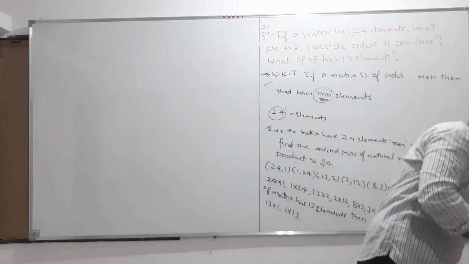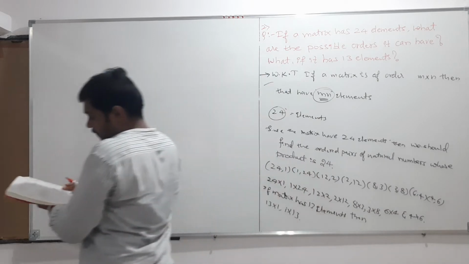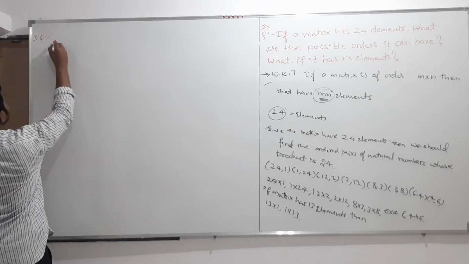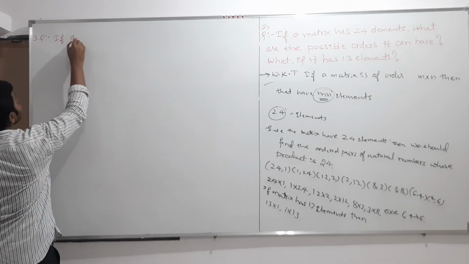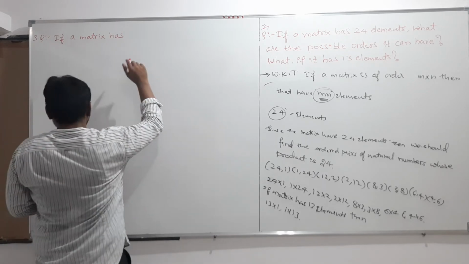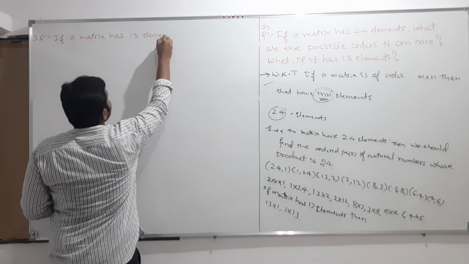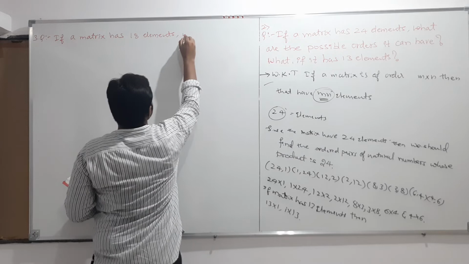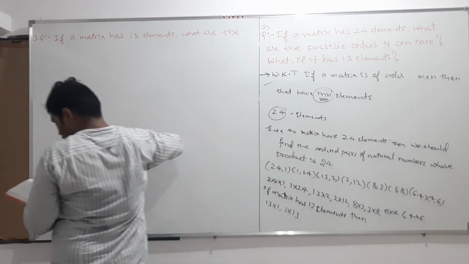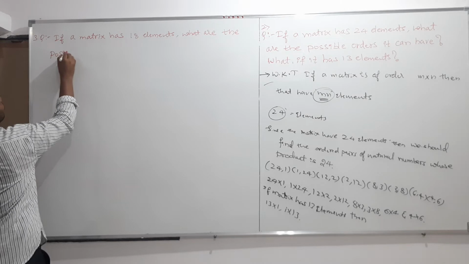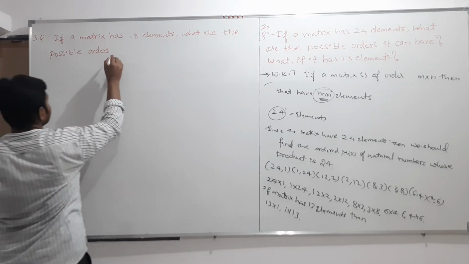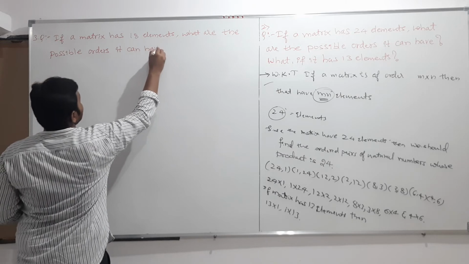The third question is, if a matrix has 18 elements, what are the possible orders it can have?